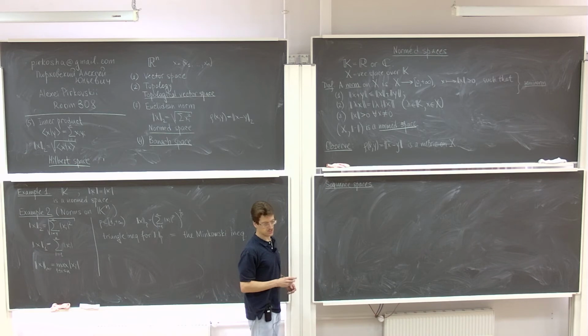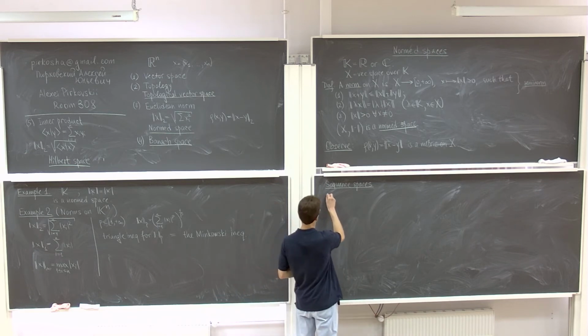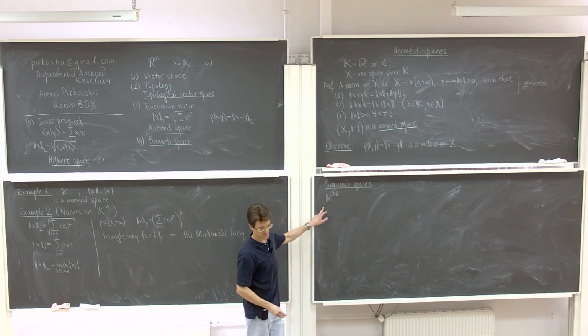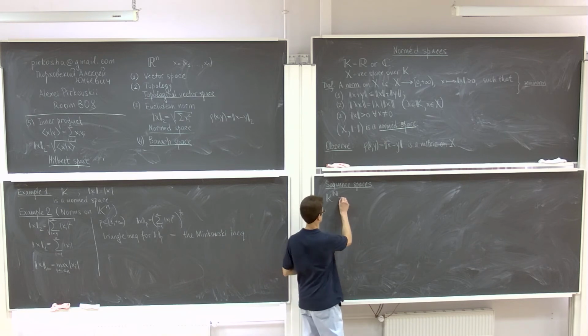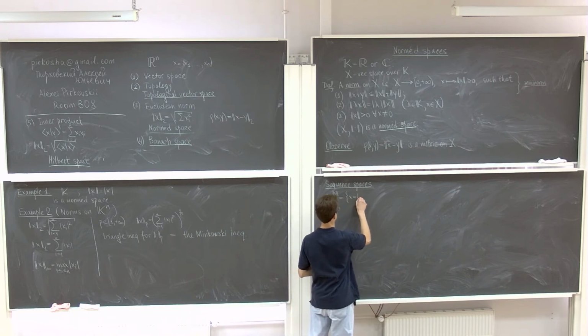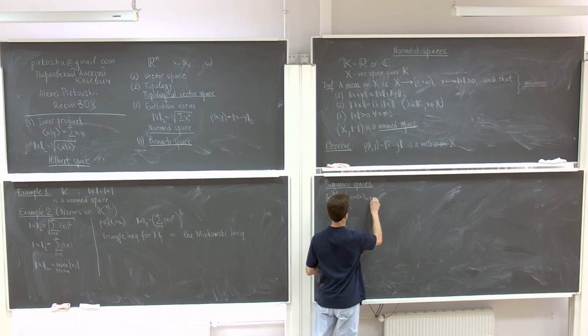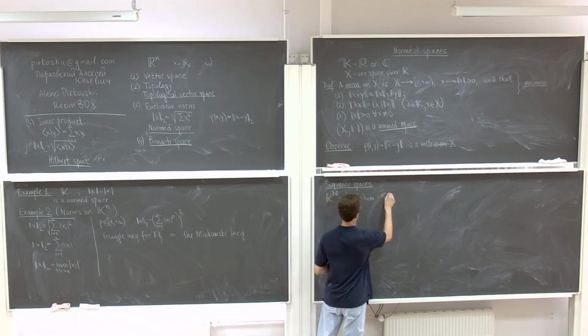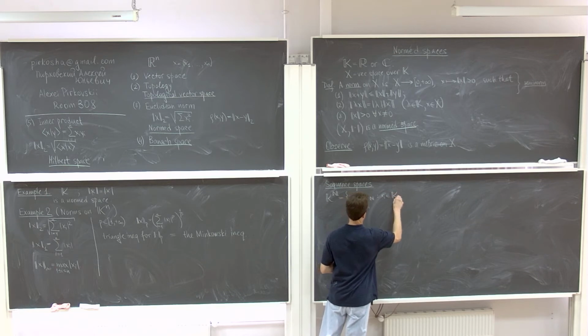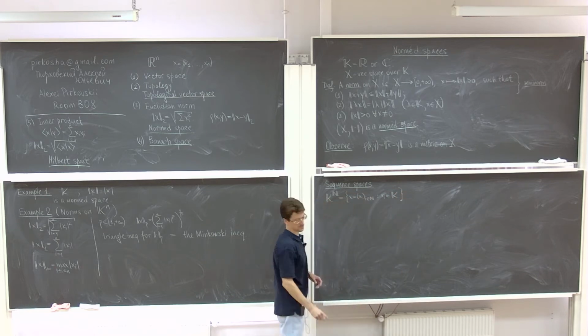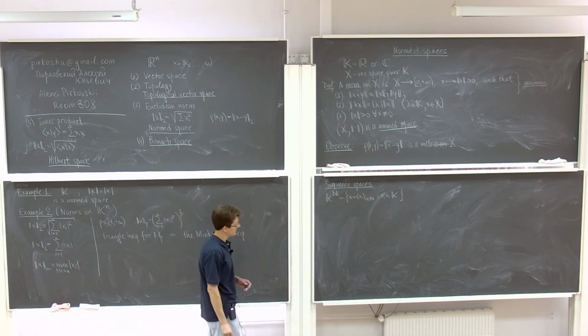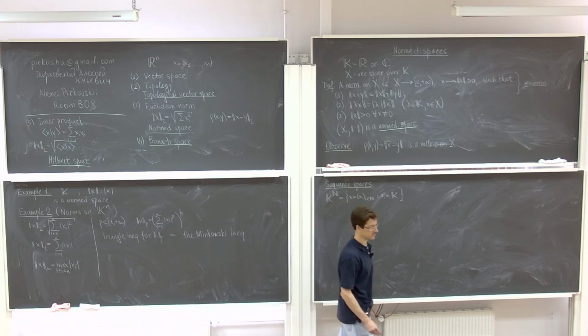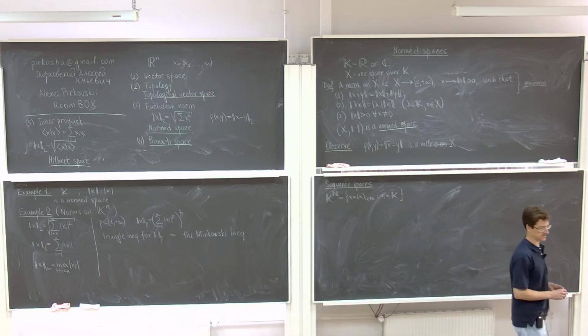First of all, let's introduce the following notation. The space of all K-valued sequences will be denoted by K^N. This is the standard notation for the space of all sequences from K. Of course, this is a vector space under the component-wise operations, but this is not a normed space.